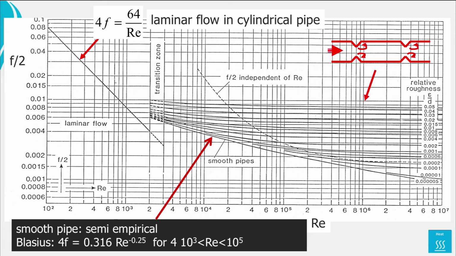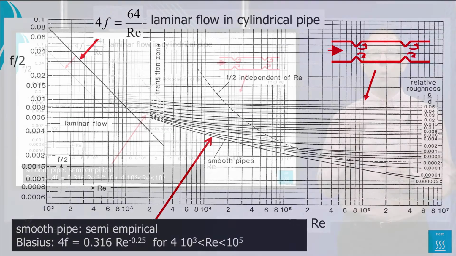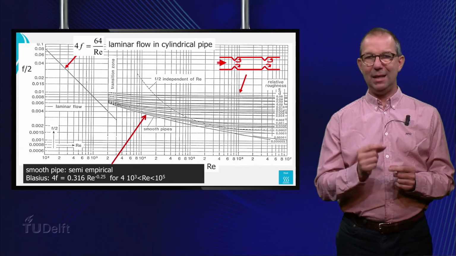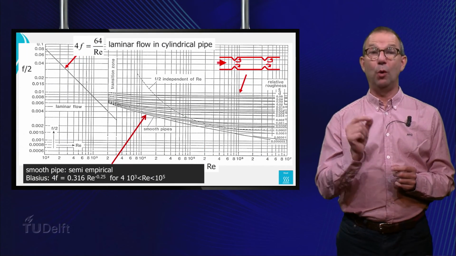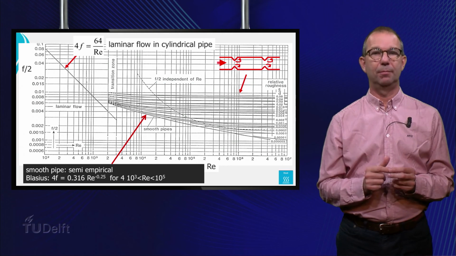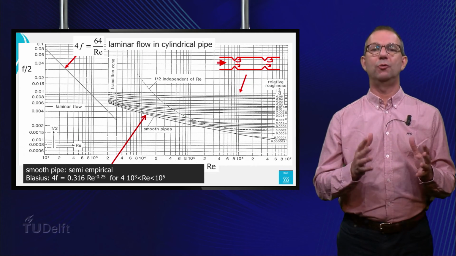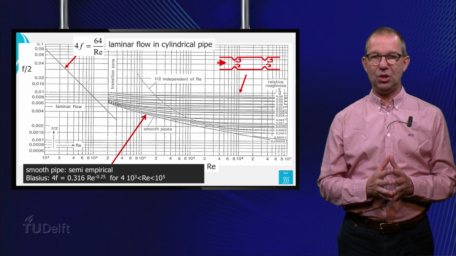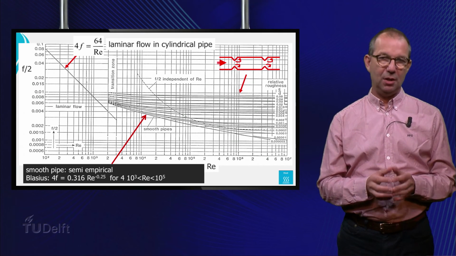This holds for pipe with smooth walls and for Reynolds in the range of 4,000 to 10 to the 5th. Note all the other lines in the graph. They give 4F for pipe with rough walls, where the friction is higher. This is given in terms of a relative roughness, which is the mean height of the roughness divided by the pipe diameter.